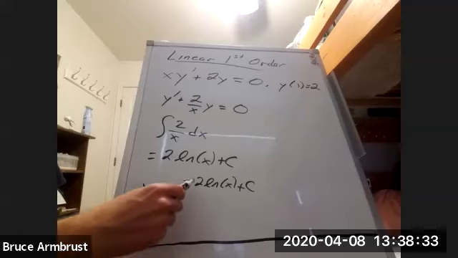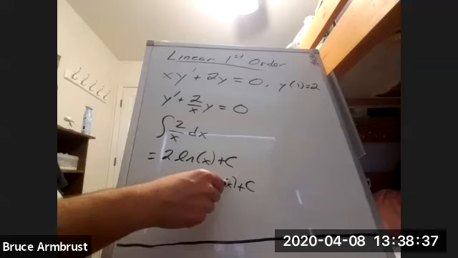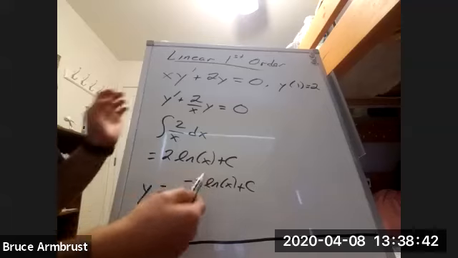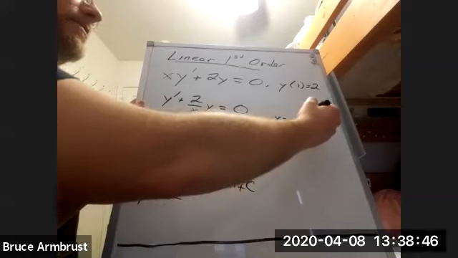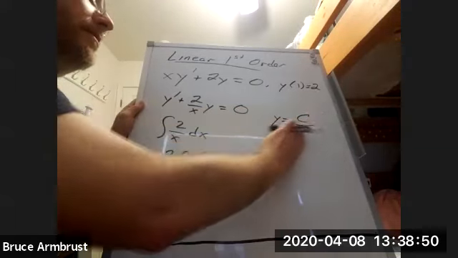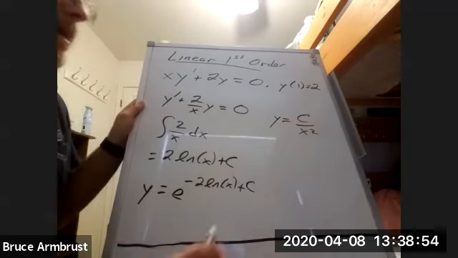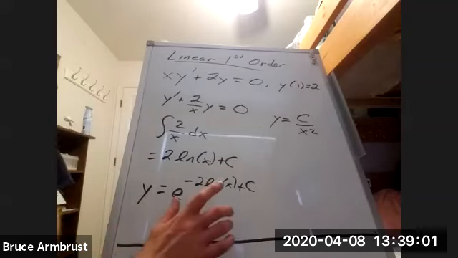Right? So that minus 2, remember your rules of logs, can come in as an exponent. And then the e and the natural log are going to cancel. So we end up getting y is equal to c over x squared. And there was a lot of algebra right there, so I just want to make sure that everybody's got it.